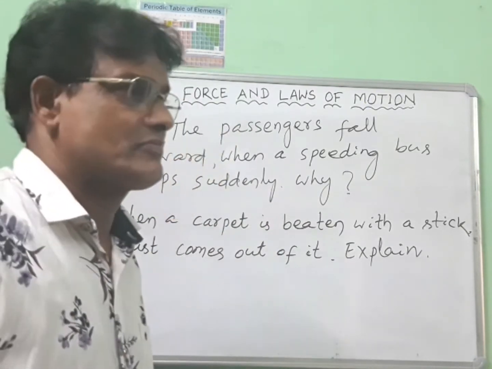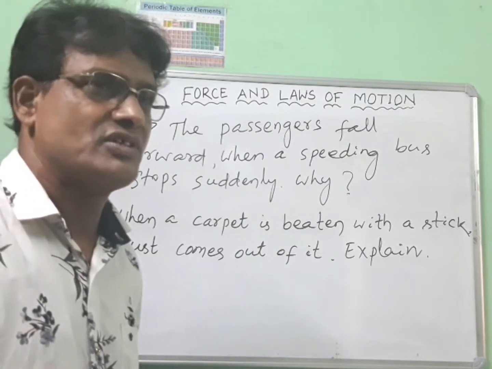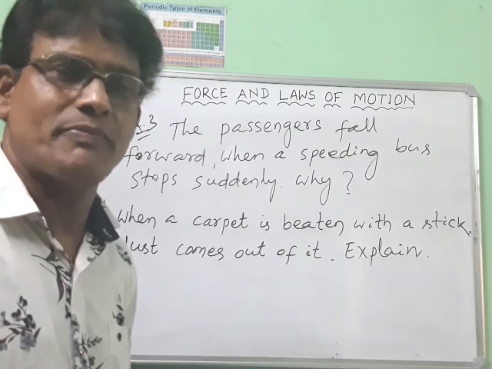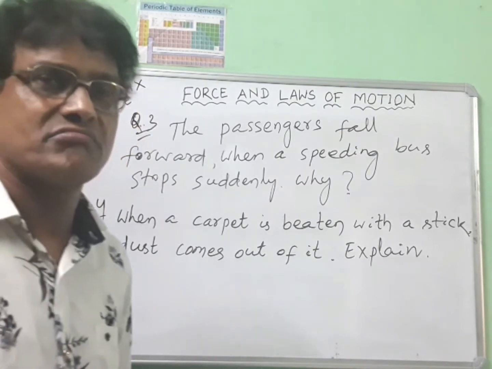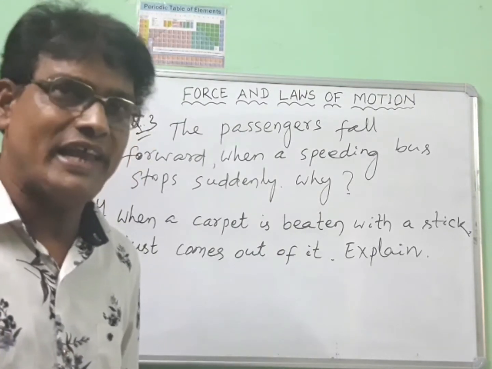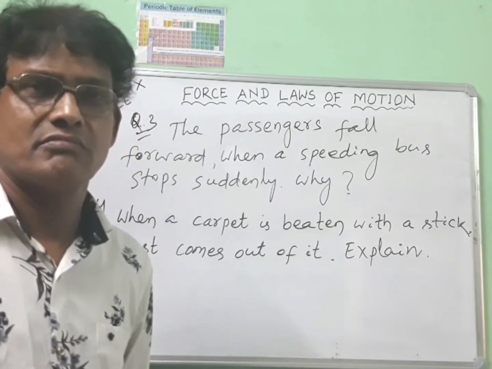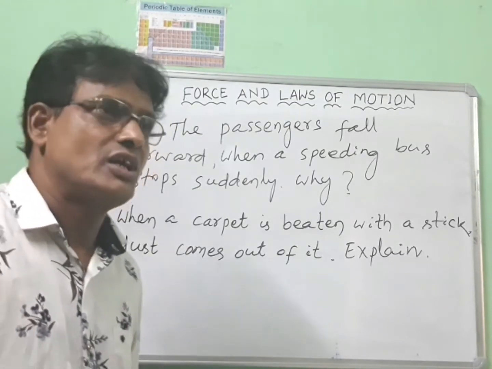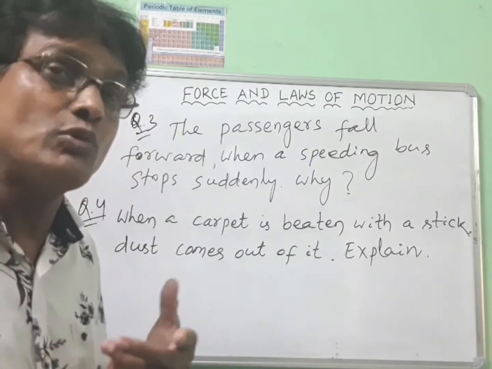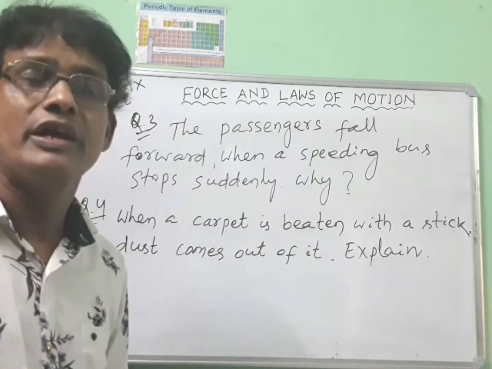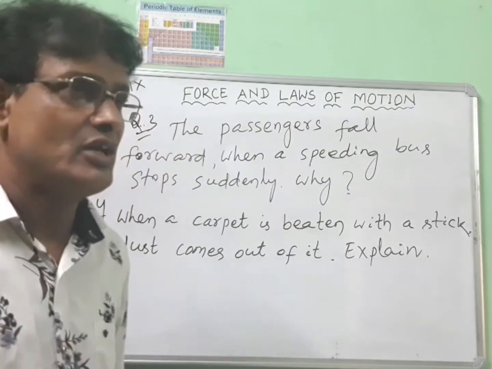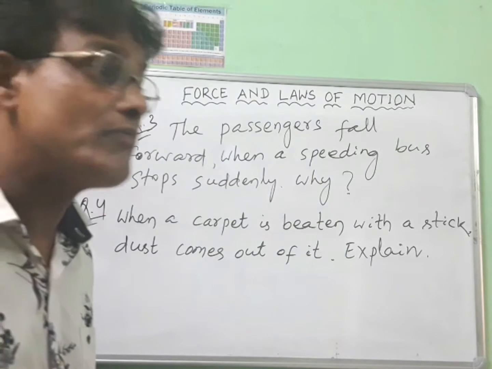When the speeding bus stops suddenly, the lower part of the passenger's body, along with the bus, comes to rest, while the upper part of the body tends to remain in motion due to inertia of motion. So the passenger will fall forward.